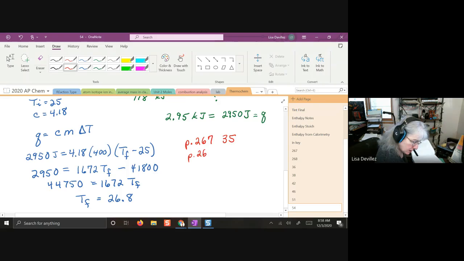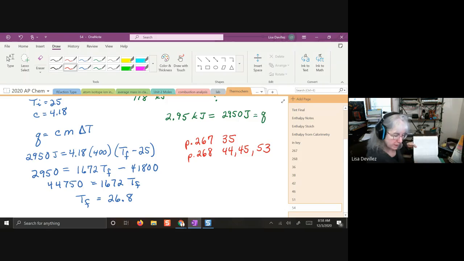Page 268, I had 44 and 45, and I'll add the answer to the even one to today's post on the class board, and then 53. Those are the remaining ones to work out. And I think we worked one like each of those already today.